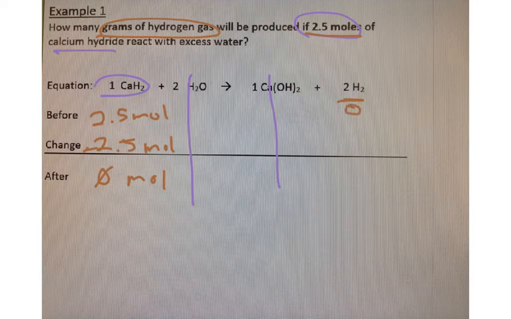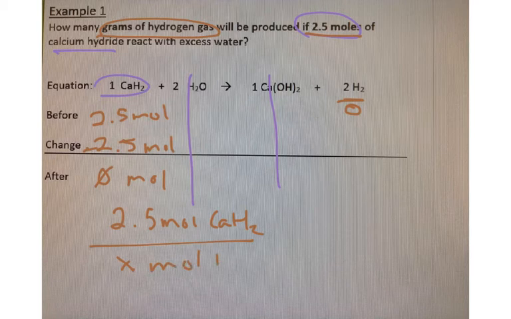Okay, so I need to figure out how many moles, if I lost or used 2.5 moles of calcium hydride, how much hydrogen could I produce? So in order to do that, I'm going to need to figure out my C, which is using my proportions. So I know I've got 2.5 moles of calcium hydride, and I want to figure out how many moles of hydrogen that is.